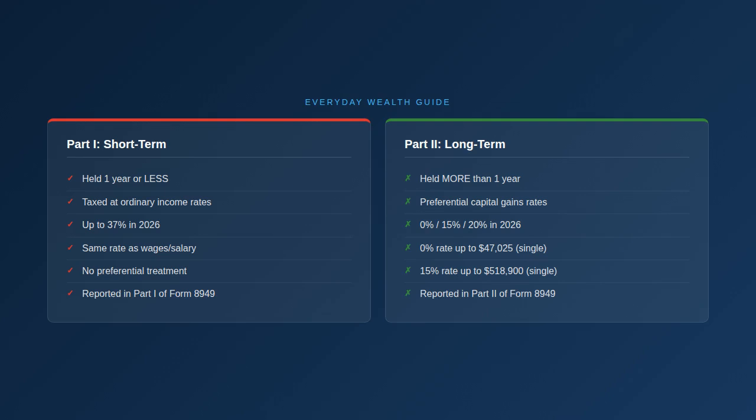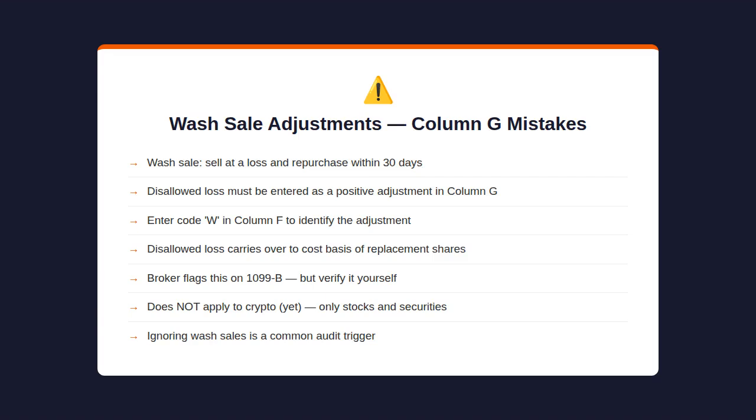Column G on Form 8949 is where adjustments go, and the wash sale adjustment is the most common one. Here's how wash sales work for stocks. If you sell a stock at a loss and buy the same or substantially identical stock within 30 days before or after the sale, the IRS disallows that loss. The disallowed amount goes in column G as a positive number, reducing your deductible loss.